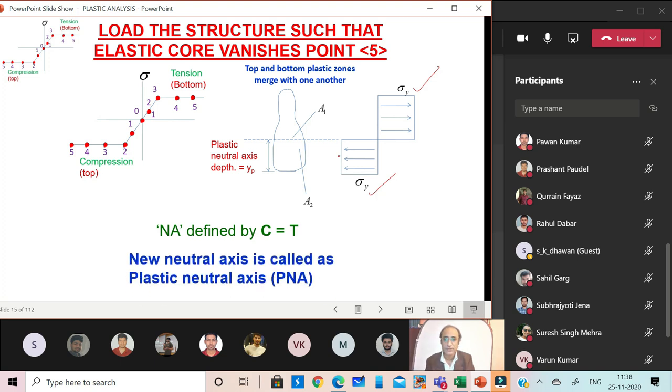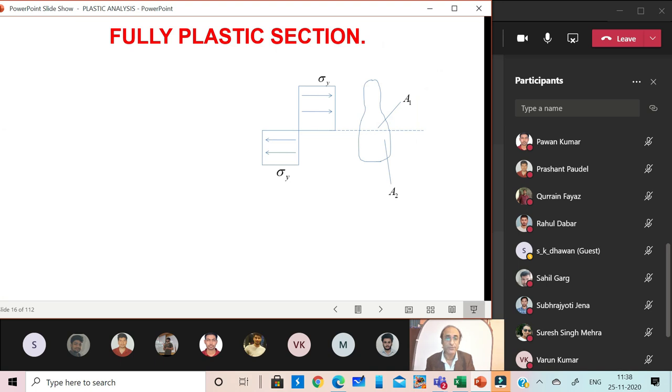This is the plastic neutral axis, and now we try to derive the expression for it. Once we equate compression and tension for this condition where curvature is infinity, the plastic neutral axis is defined by the equality that the two areas are equal. From common sense also we can say this, because the yield stress is the same in compression and tension, so the two areas have to be equal.